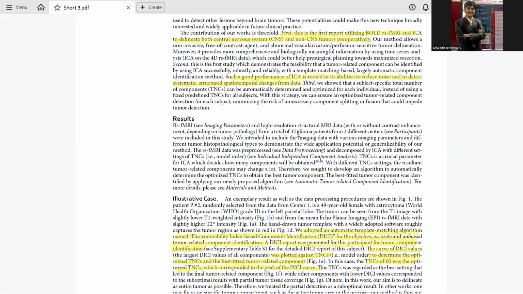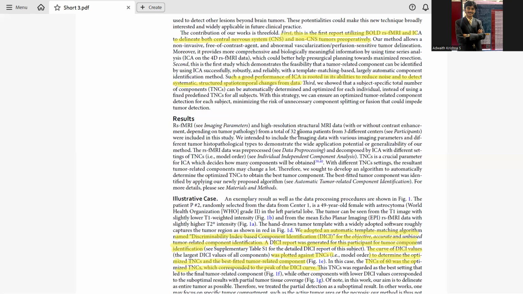Different TNC settings can produce different results, as varying the number of components may affect the ability to isolate tumor signals from other brain activity or noise. Because of this, the TNC should be optimized for tumor component identification.